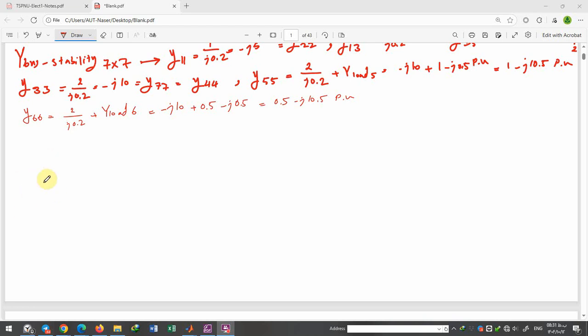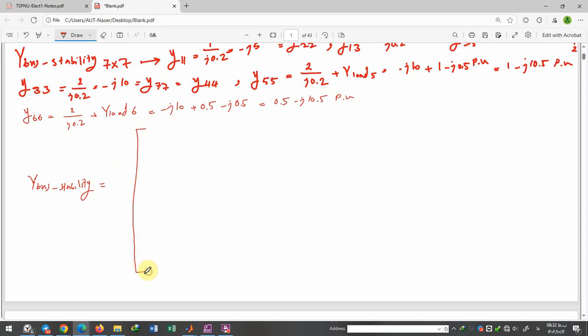So we draw the Y bus used for stability. The first row is Y11, minus j5, 0, j5, and 0 0 0 0.